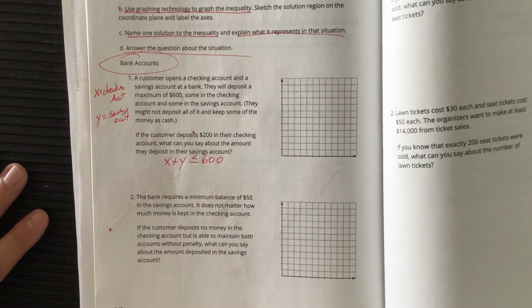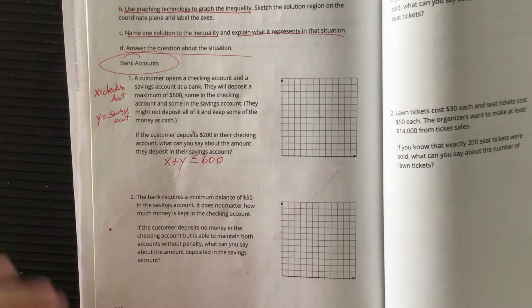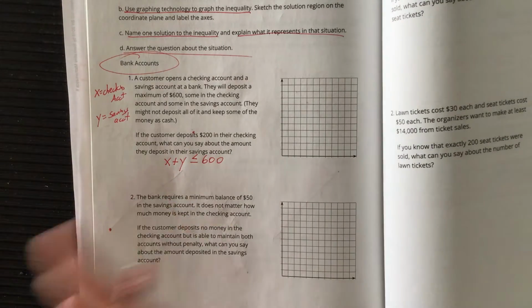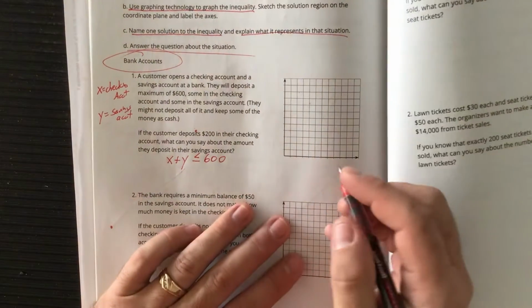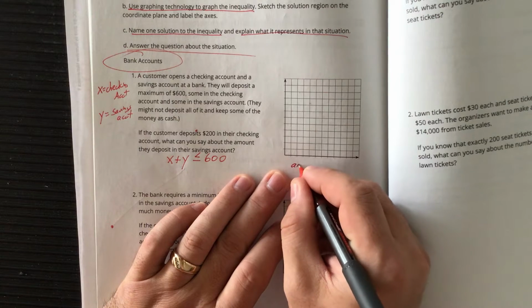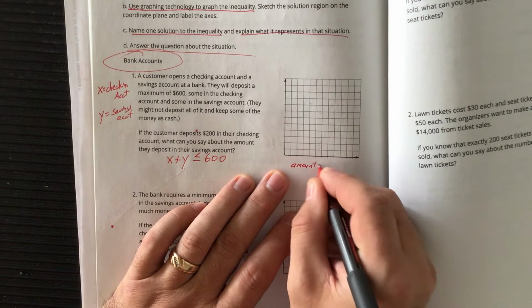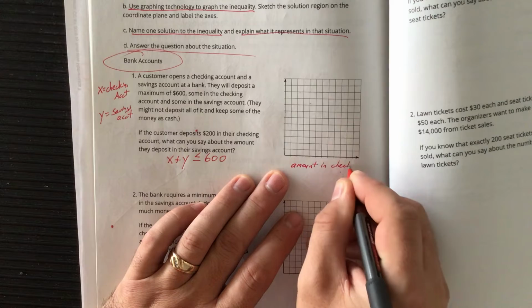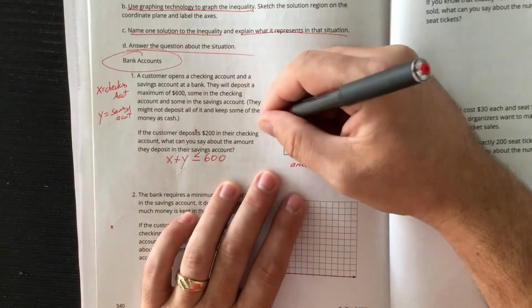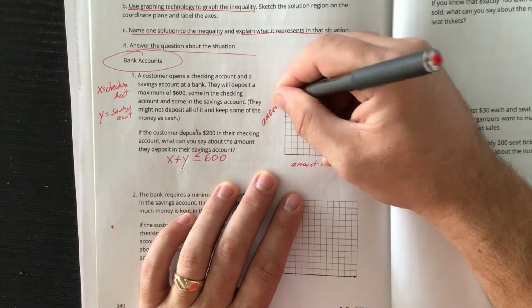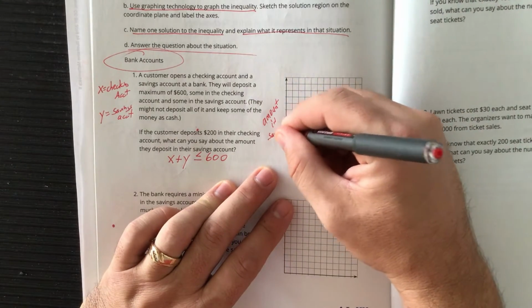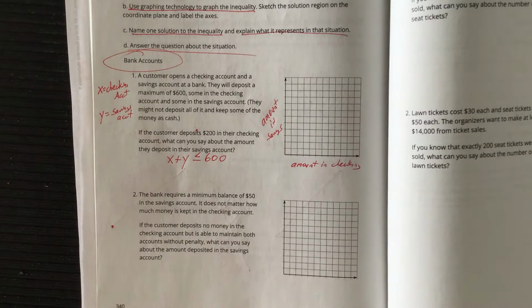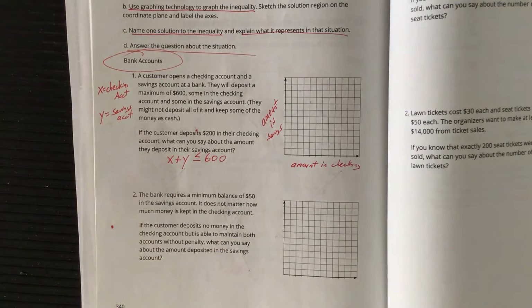Graph it. Type it in Desmos. All right, remember the X is amount in checking, that was my X, so I labeled the bottom of my graph that.